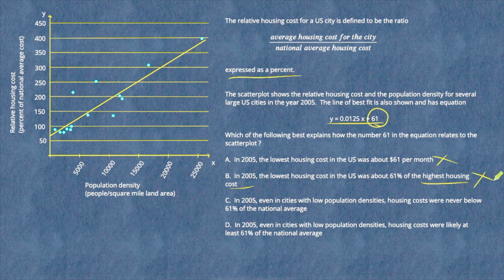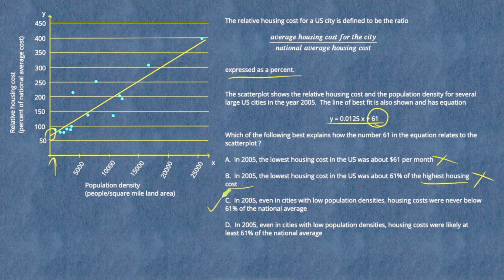C, in 2005, even in cities with low population densities, housing costs were never below 61% of the national average. So we look at the graph, it talks about 61, and if you see the population density is lowest, so this falls into the category of maybe this is an answer. So we will keep that as a possible answer.